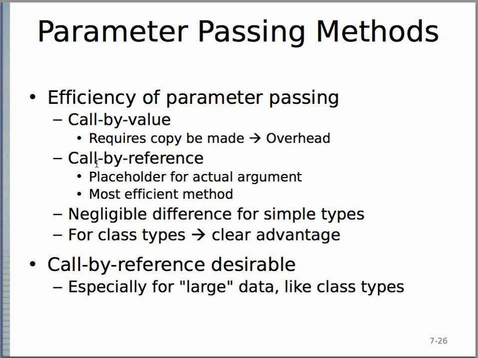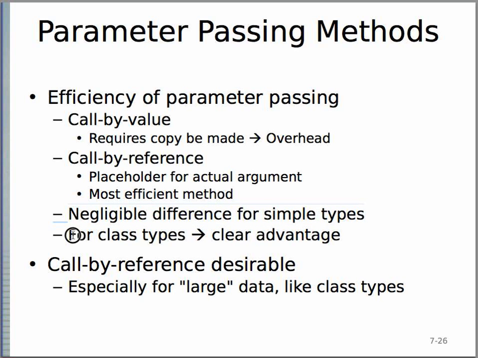Okay, take a look at that video that talks about the differences between passed by value and passed by reference, or call by value, call by reference. For simple data types, there's almost no difference in efficiency. The reason we use call by reference really is for efficiency. It is the most efficient method of passing parameters if you have objects.